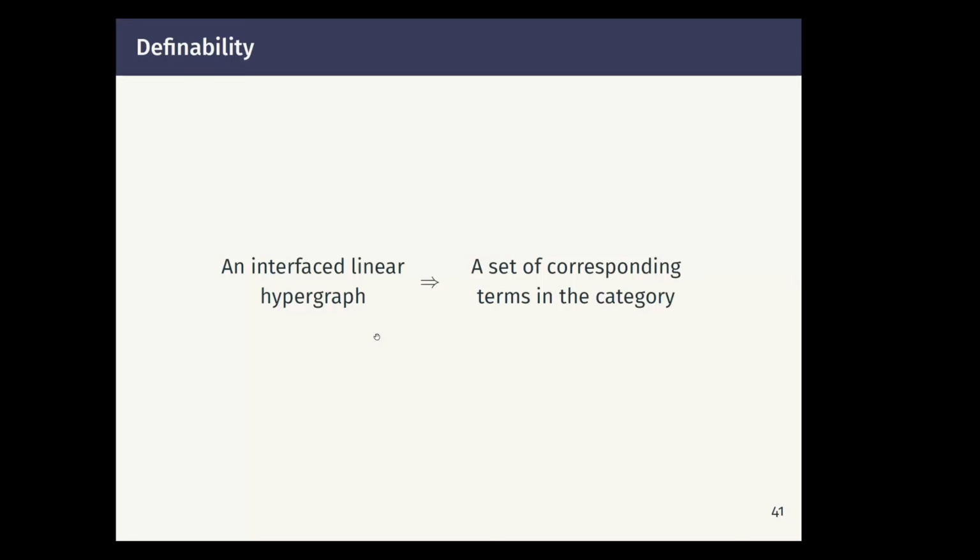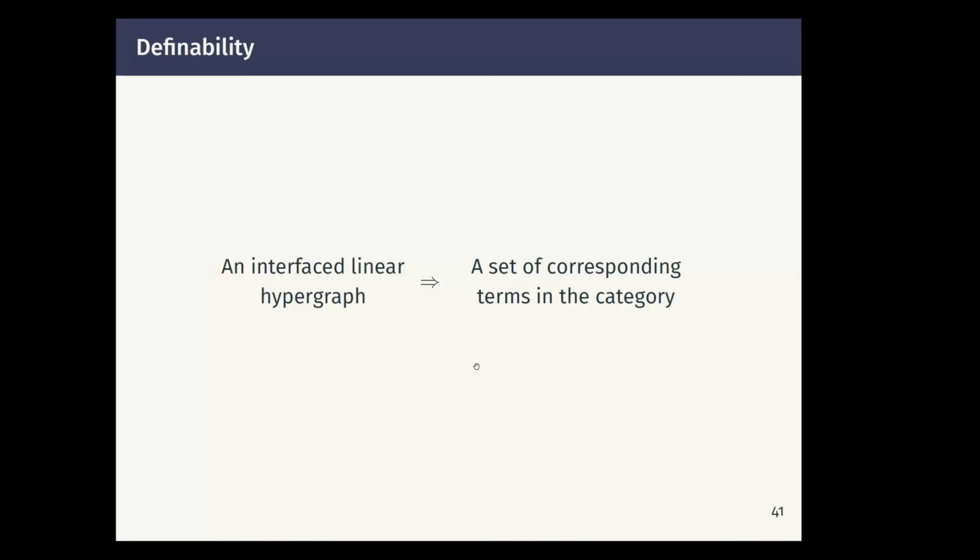And the reason that it's a set is because, as you remember, there are lots of different ways of writing down our diagrams in this one-dimensional string, but they all correspond to the same diagram. So any graph we have is going to correspond to potentially many terms.